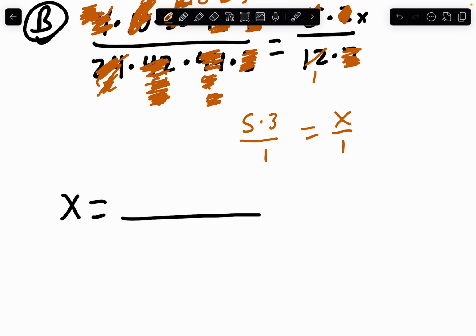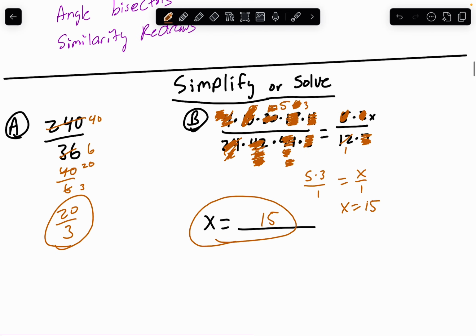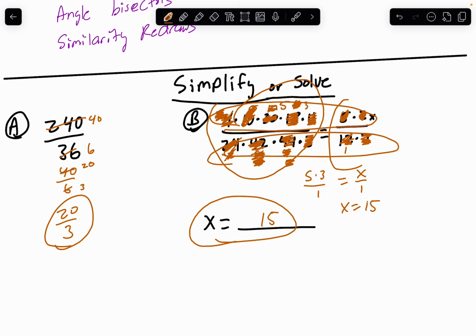Well, x would then equal 15. So x equals 15 in this situation. So it's a whole bunch of just simplifying. Remember, you can reduce horizontally or you can reduce vertically. There were other options besides what I did, but all paths lead to x equals 15.